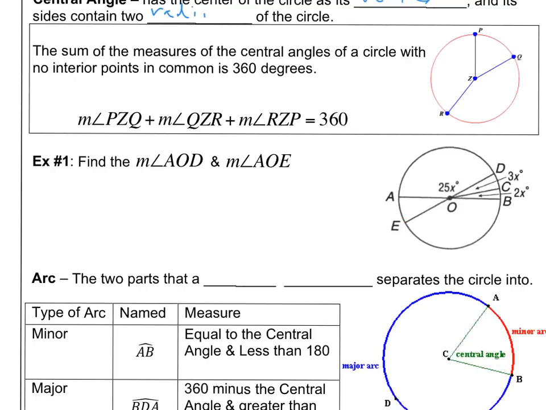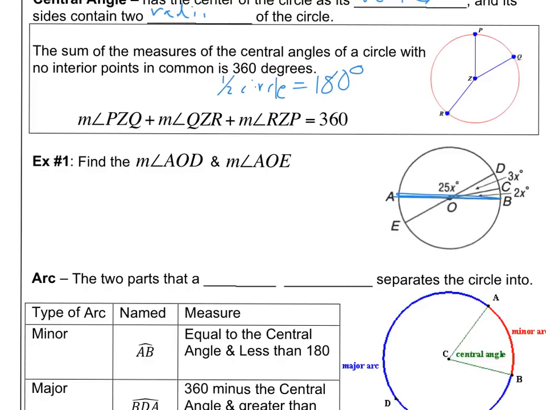Alright. Well, a couple things to think of. First of all, if a full circle equals 360, then we could say something else. We could say a half circle equals what? Well, it's going to equal 180. Well, this looks like a half a circle here.